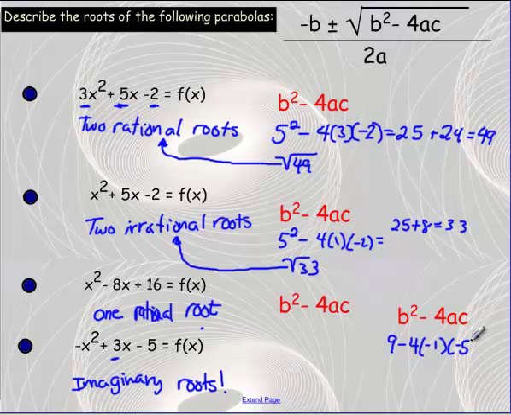C is -5. And notice I get 9 minus 20. 5 times 4 is 20, and 3 negatives make a negative. And that gets me -11. And remember, that's under a square root. I can't take the square root of a negative number. It gets you imaginary answers, and therefore that's why there are no real roots.